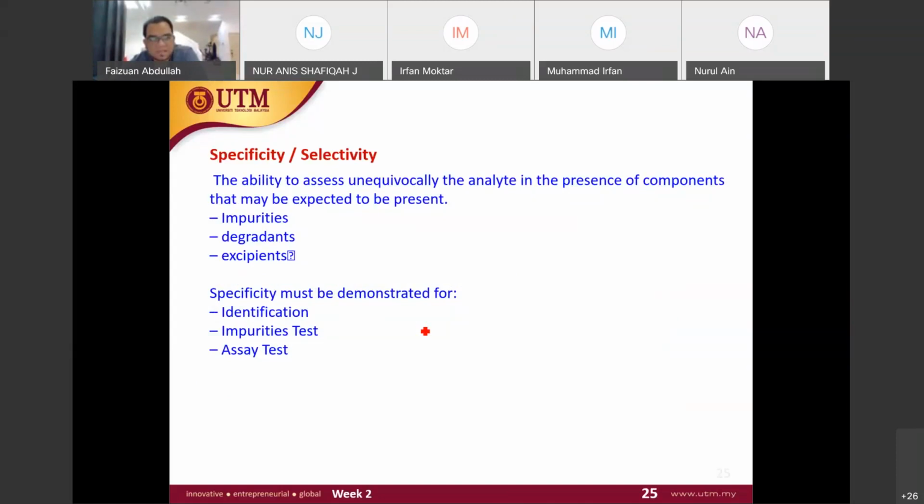So this is what we call selectivity. It means that if we analyze our analyte in the sample, the impurities or degradants don't affect our result because our instrument selects only the analyte to be analyzed.